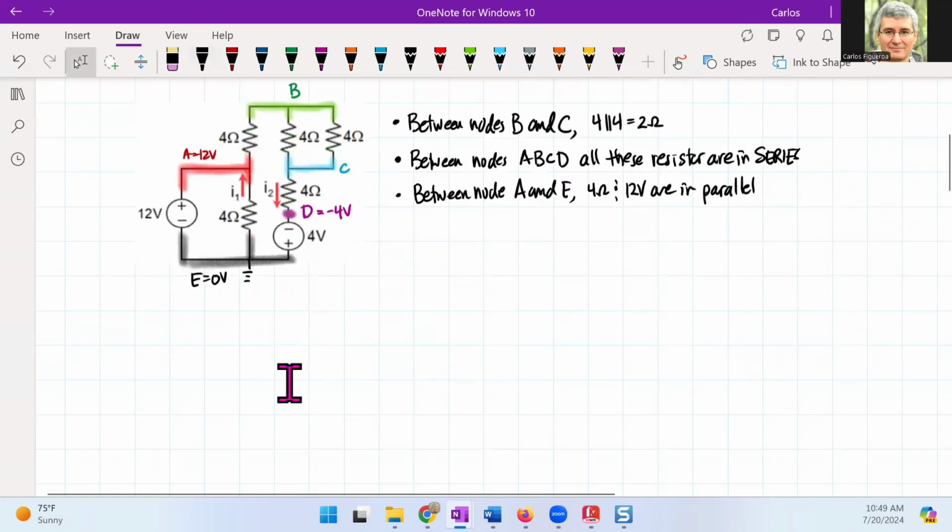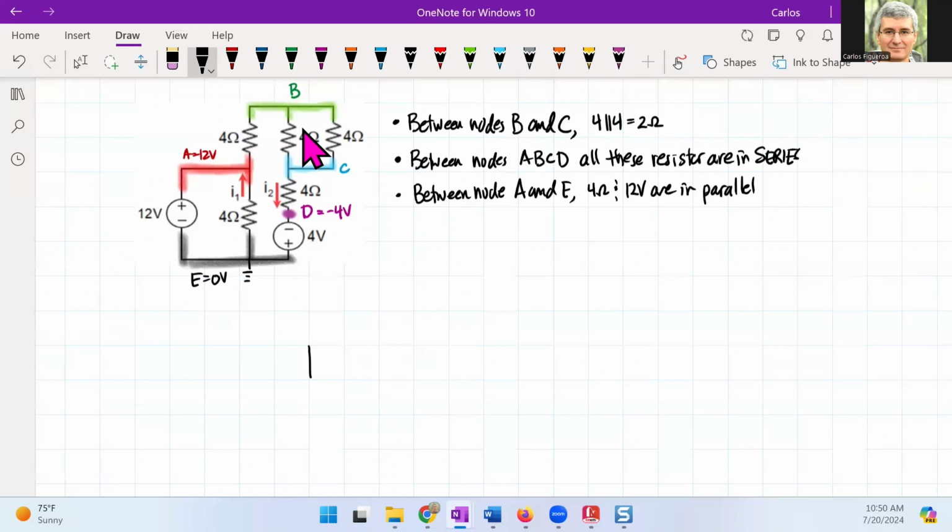So now let's redraw this circuit. The long circuit is going to be the one where A, B, C, D. So let's start drawing that. So if I look at the circuit, I'm going to come down, and now I'm going from A to B. So here's my red node right here.